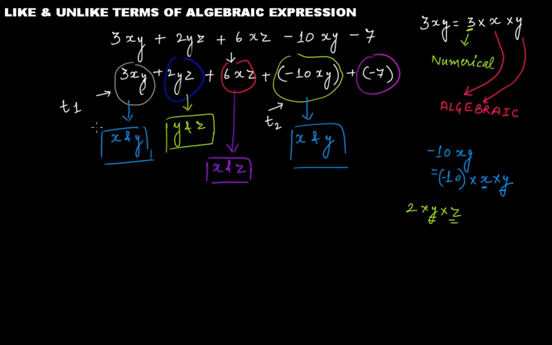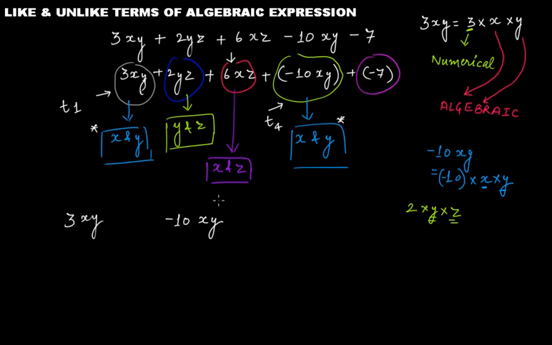Now, the algebraic factors of term T1 and the algebraic factors of term T2, let's name it T4, are actually the same. That is, if term 1 is 3xy, term 4 is minus 10xy.